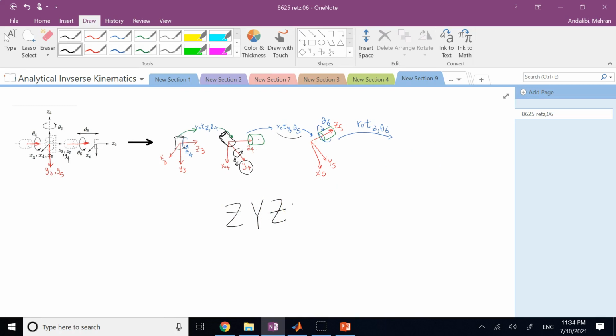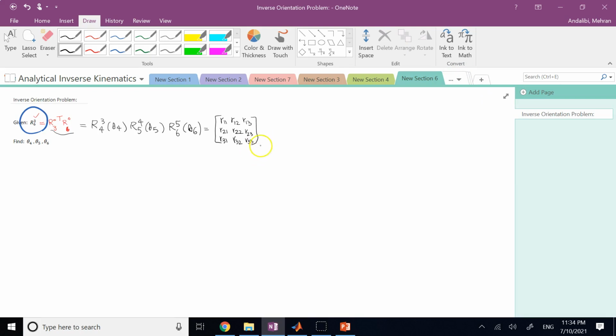Okay, so the set of last three angles of the robot, or the spherical angles, they are exactly corresponding to Euler angle ZYZ sequence. So if we go back and look here, we have to say this is equivalent to the rotation matrix coming from the three Euler angles of the ZYZ sequence. And here I have it from one of my lectures.